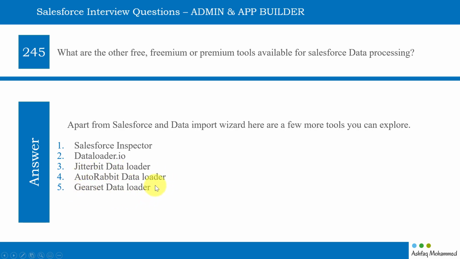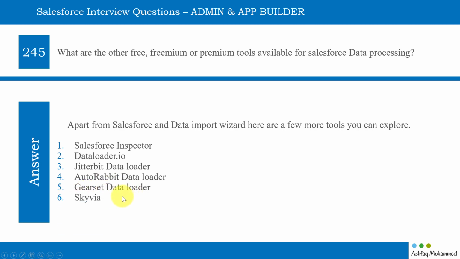So it's really faster, easier, or less time consuming if you are trying to load data with multiple parent-child relationships. It gives the wizard where you just have to confirm things, right? You select the first object, and then it will say, okay, this object has these objects as the children, and then you click on next, and then automatically it will load the parent records as well as all the child records, and it will parent them also once the data is loaded. So this is really good, very handy.